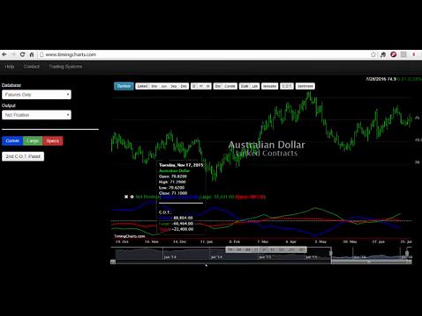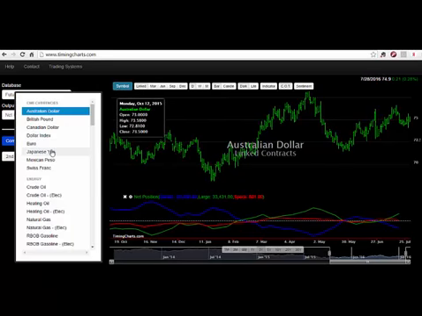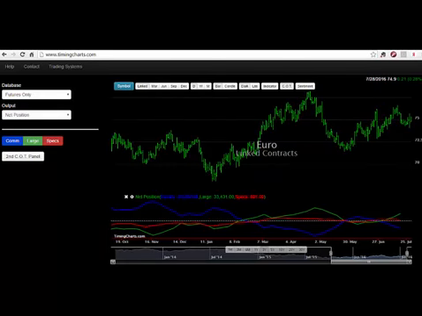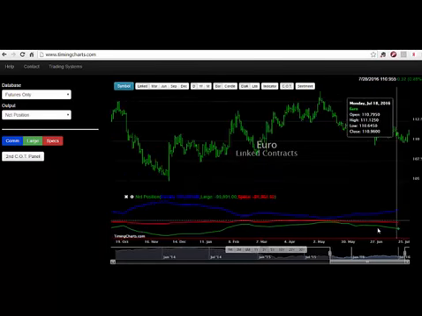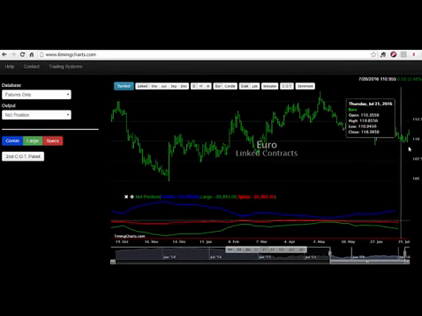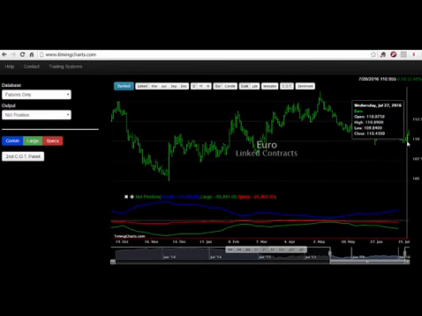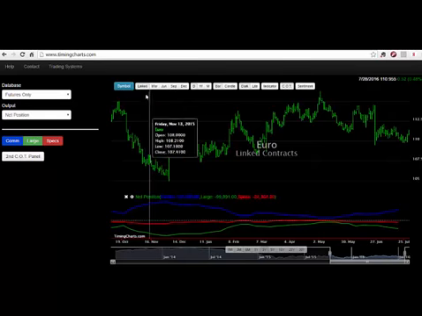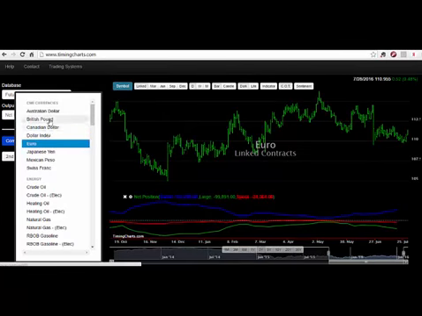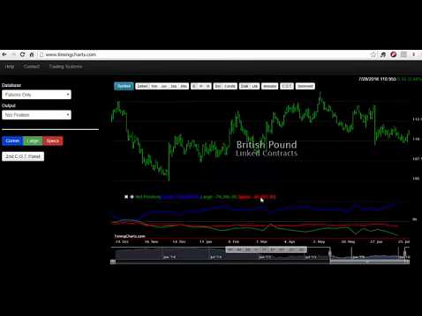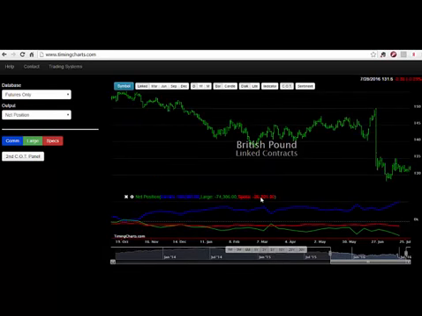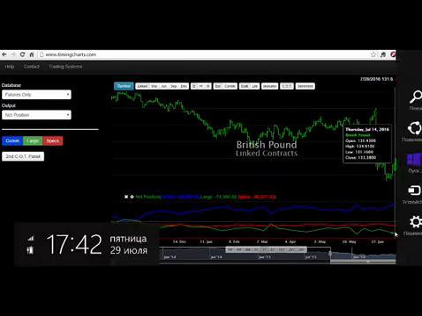Well, as for the current situation with the euro, we see that the market is located somewhere near the lowest point of this trading range. What is more important than that is that the British pound shows the same situation, but for the British pound we had even more negative sentiment.